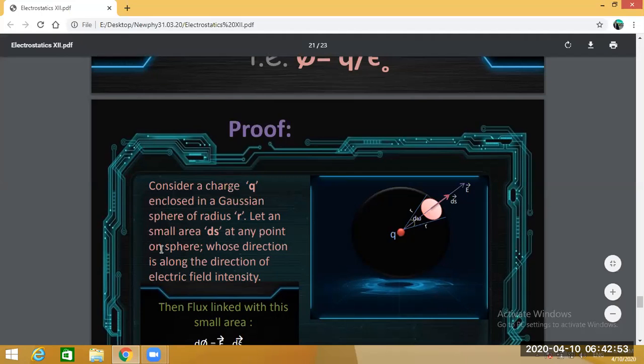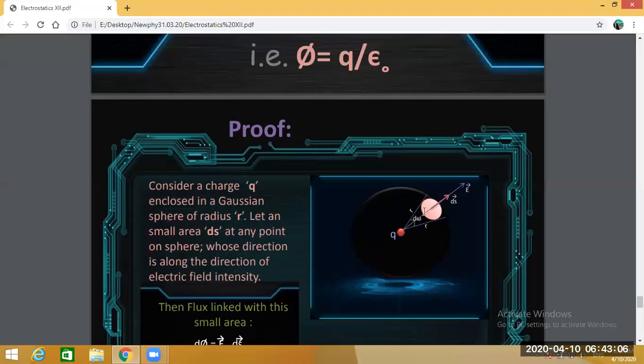So let a small area ds at any point on the sphere have its direction along the direction of the electric field intensity, because the area vector is always directed perpendicular to the area. Here the electric field is also perpendicular to this area, so the area vector will be directed along this electric field. So the angle between area vector and electric field is 0.